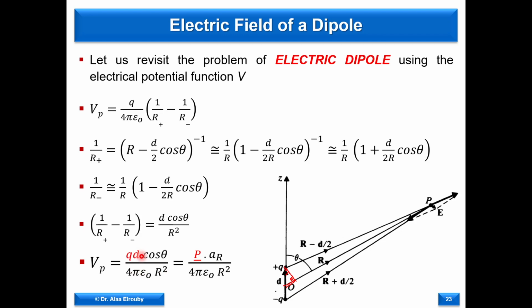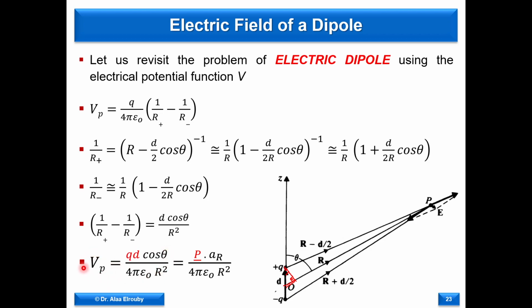So qd is the magnitude of p, the polarization vector, if you remember, and cosine theta is p dot ar. So p has magnitude qd and its direction is in the z direction. p dot ar gives us p's magnitude times cosine theta, which is the numerator here.